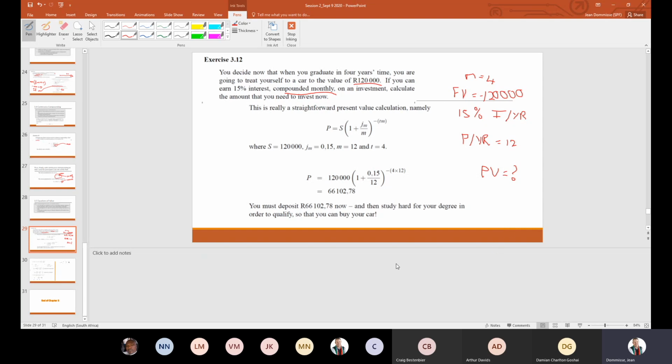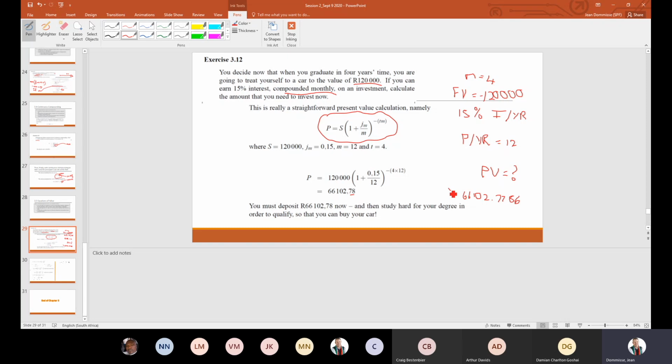So your present value is 66,102, and mine is 0.7786, because I always like to work with 4 decimals. You would have seen that it is similar if I round it off. So again, this was done by the calculator. I didn't need to go into the detail of the formula, and I do get the same answer.